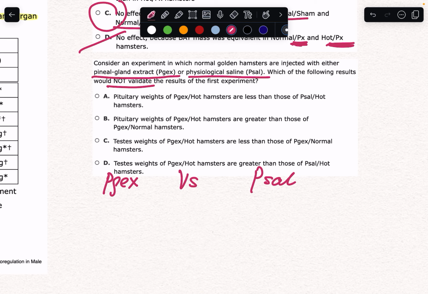So this is equivalent to the sham condition, because PGEX versus PSAL has greater pineal gland secretion, whereas sham versus PX, sham also has more pineal gland secretion than PX.